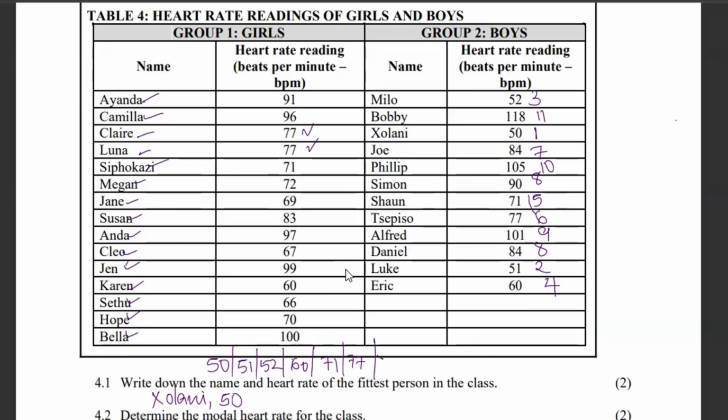We have 77 as number 6. Number 7 is 84. Number 8 is 90.